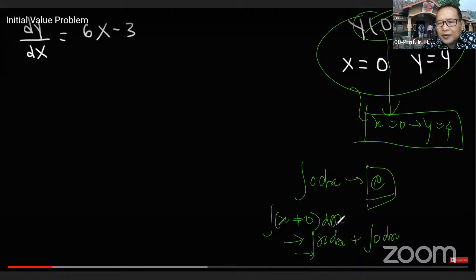So you will have x squared over 2 plus c. This is the problem. You have to find c. C is the constant, plus c.